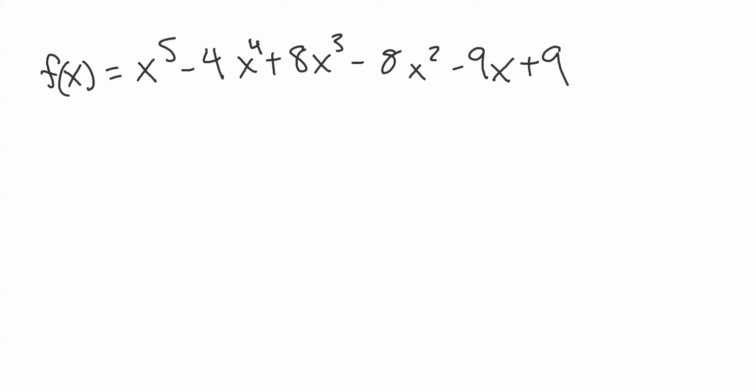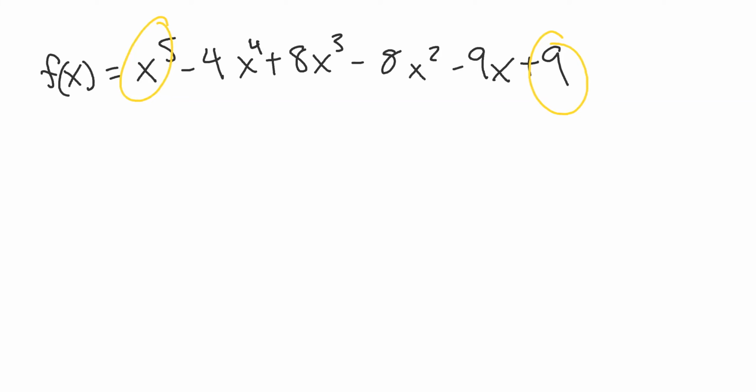All right, so let's talk about what we know about this function. The rational roots theorem is going to tell us our only rational roots. Remember, there can still be irrational or complex roots.